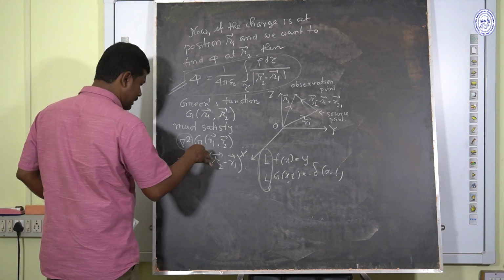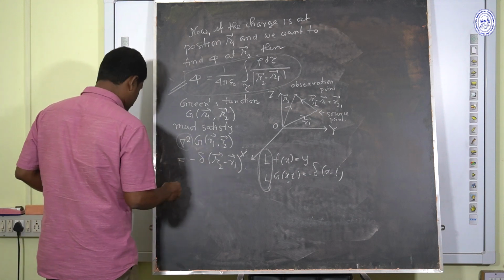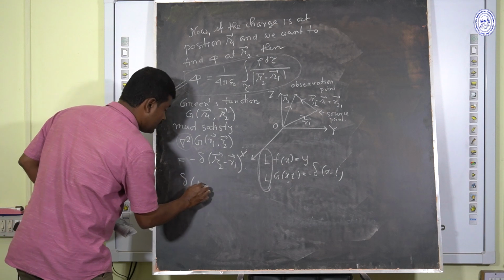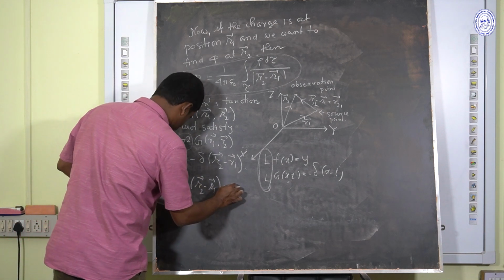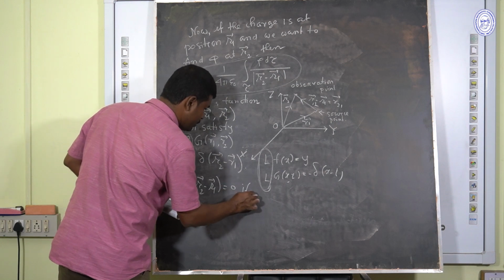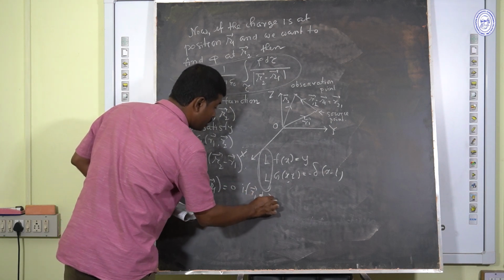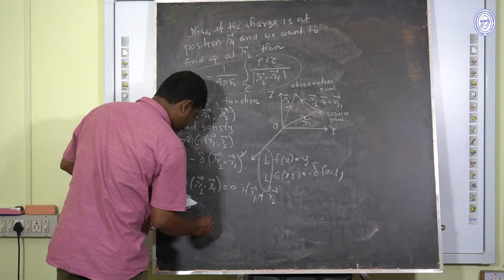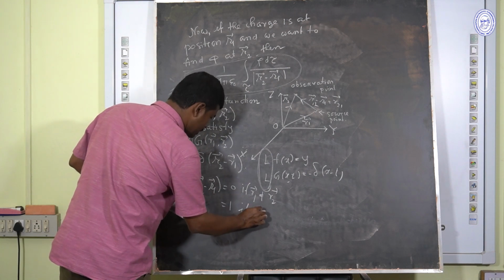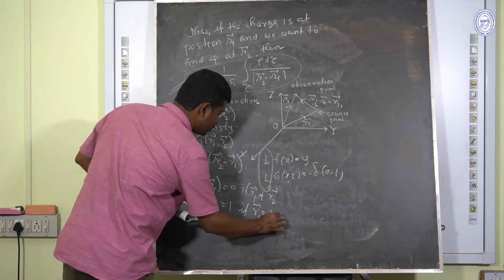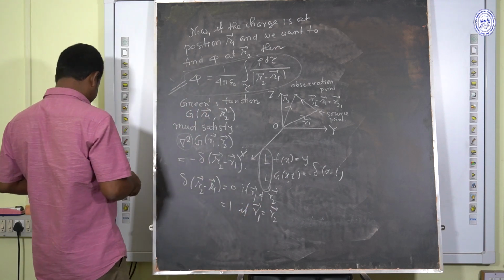And according to the definition of the Dirac delta function, delta R2 minus R1 is equal to 0 if R1 is not equal to R2, and is nonzero if R1 equals R2.